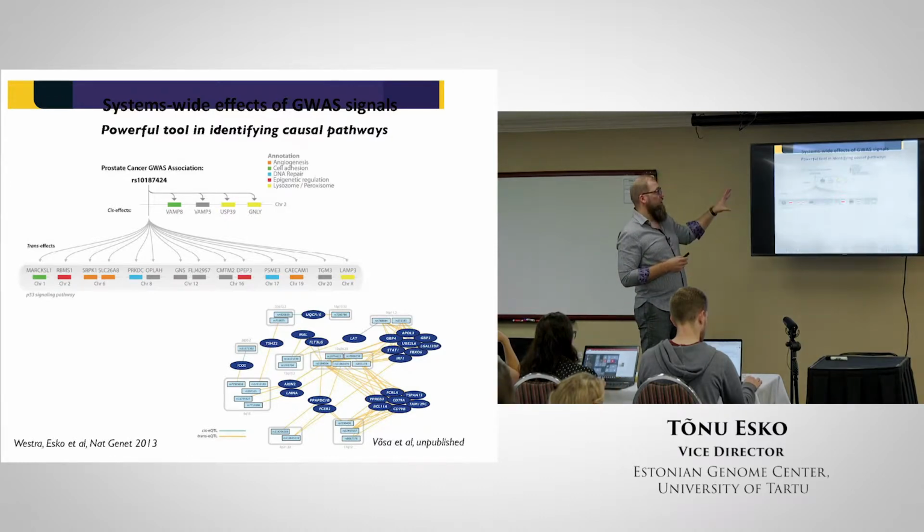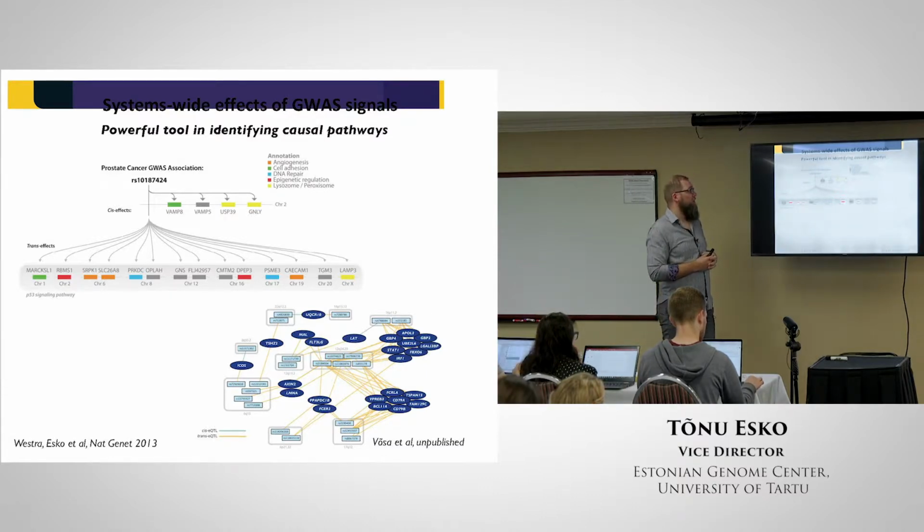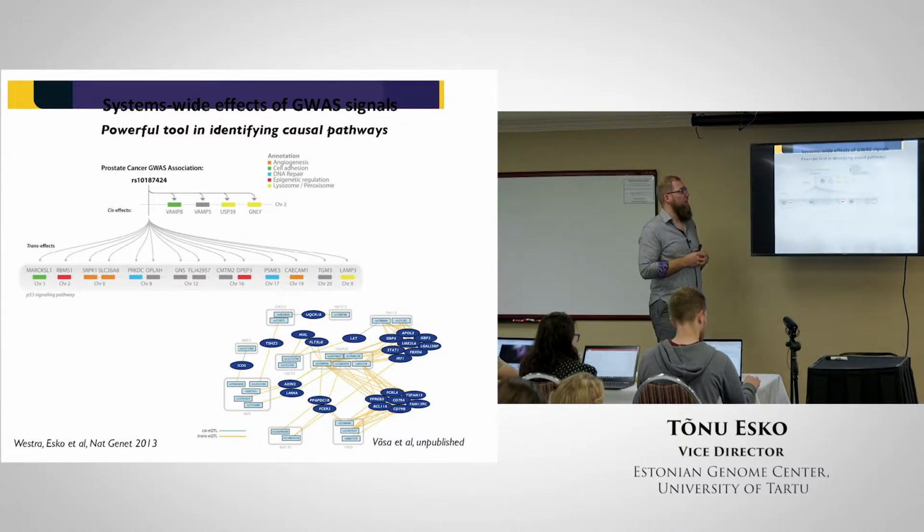So from just one SNP from your genome association study, you can infer quite a lot about the biology of the phenotype under study.